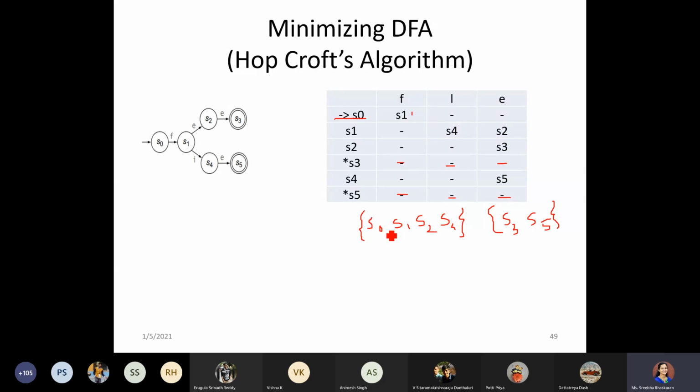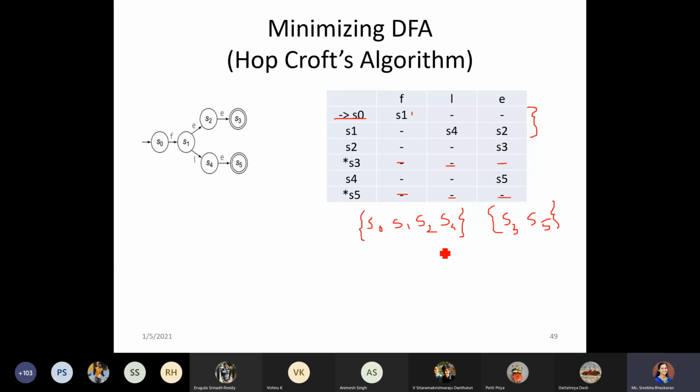Now see whether the states we have mentioned here are in the same group in the previous partition. Our point is whether S0 will go together with S1 or not. For that we have to see the transitions.